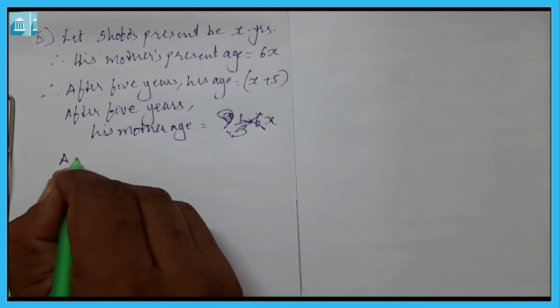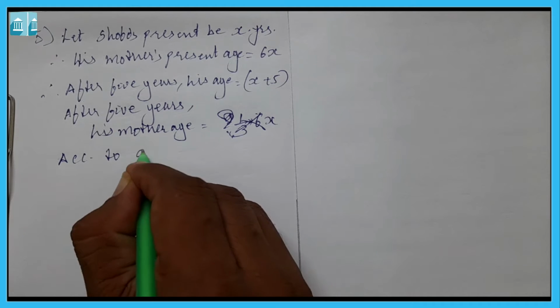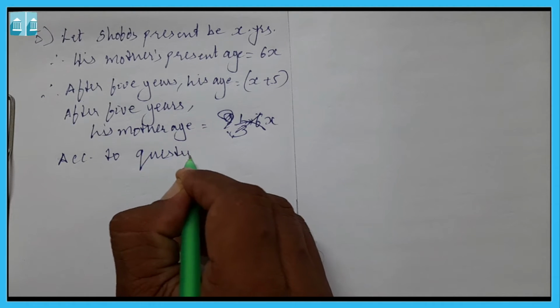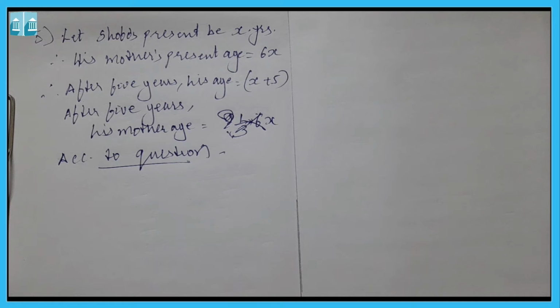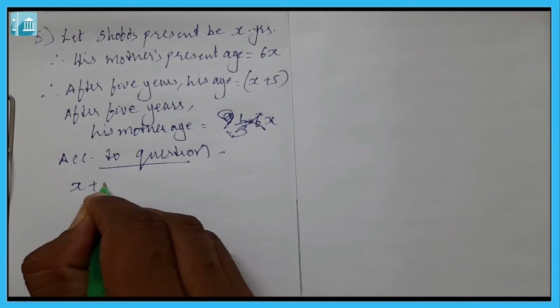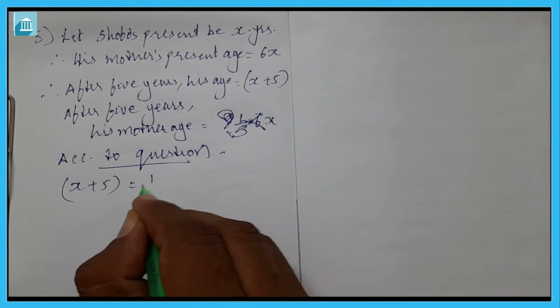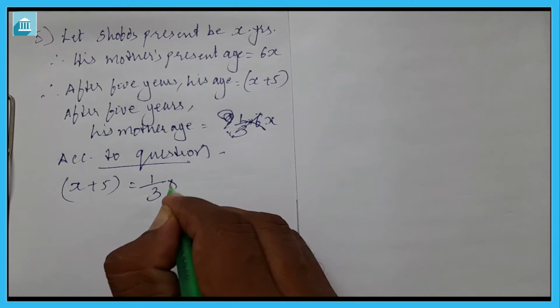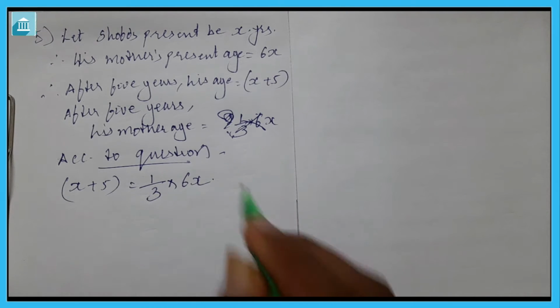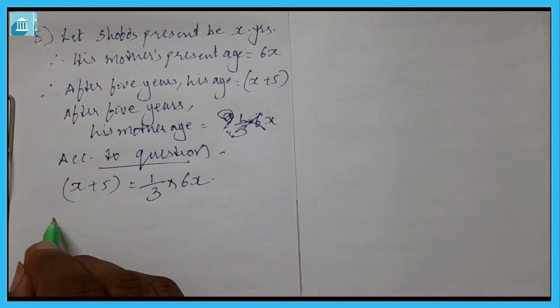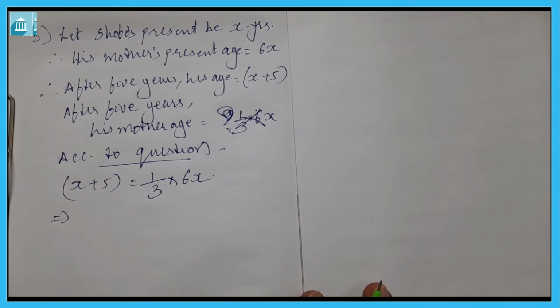Now according to the question, after 5 years means x plus 5 is equal to 1/3 into 6x. Now this is the equation we got.